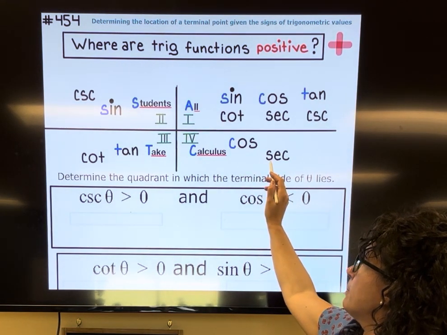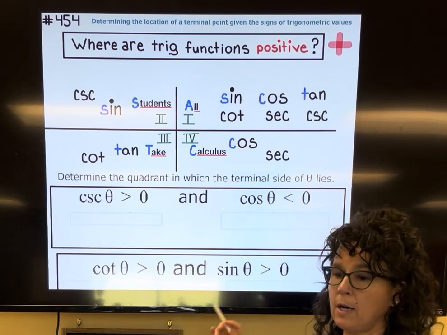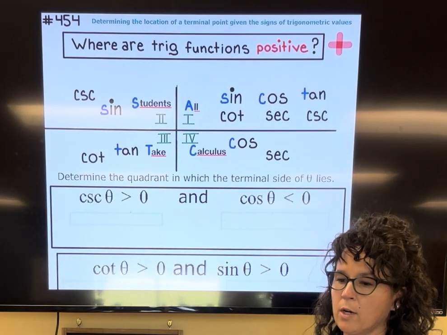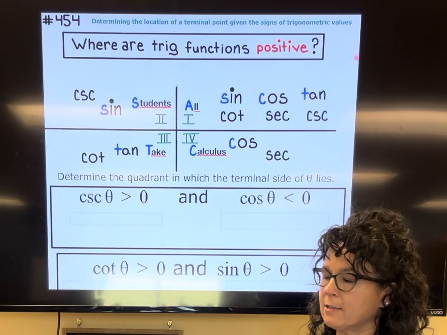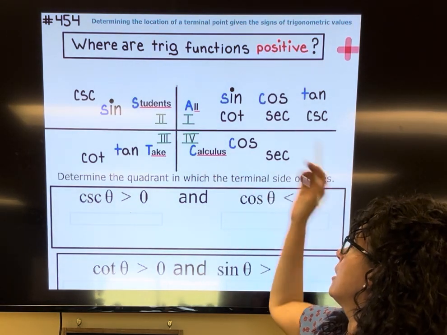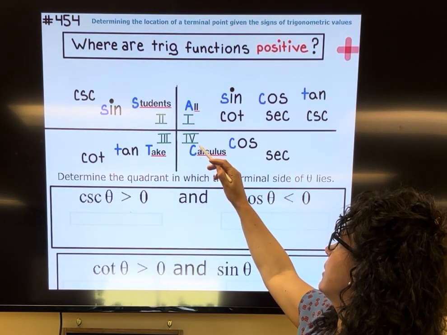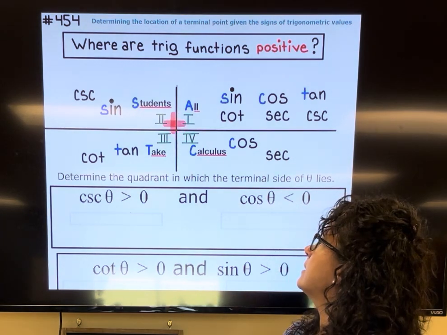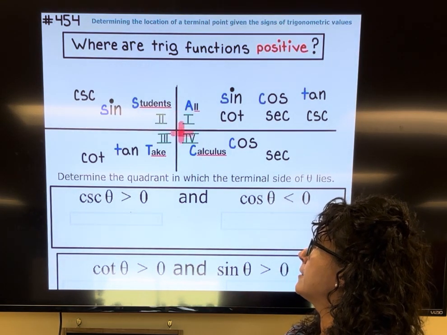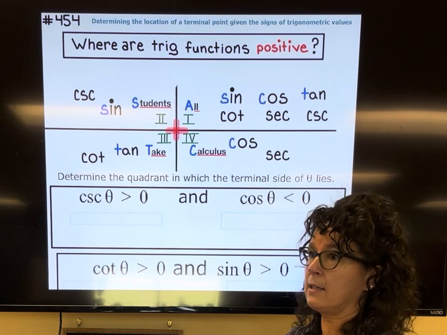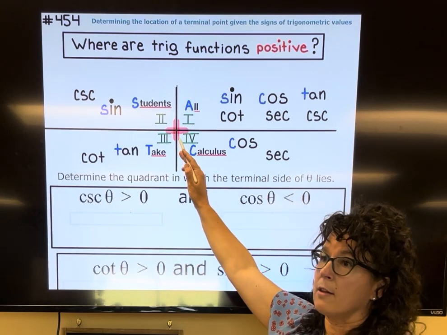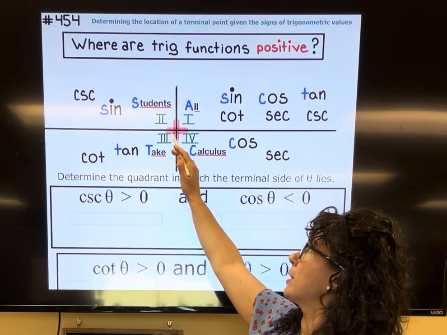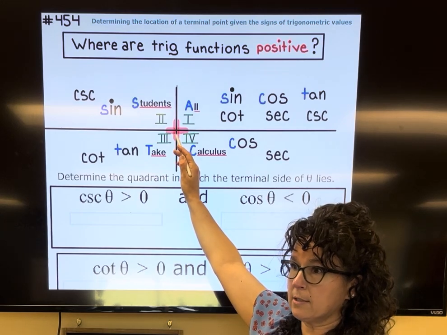And so it's implied that secant is also positive in quadrant 4. I'm just going to emphasize, because sometimes you remember this little device here and you're like, what is it for again? So I just want to emphasize that my graph, see in the middle, it kind of makes a plus sign. So this is where my trig functions are positive.